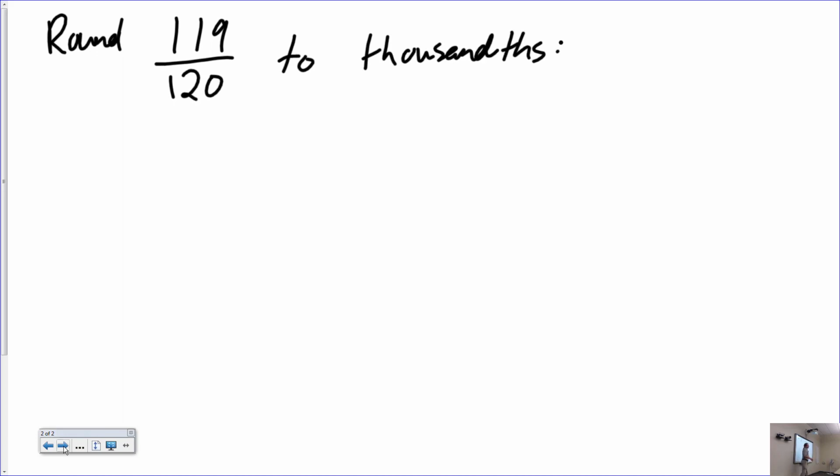So there will be times when you actually have to create a decimal, and then you are asked, instead of actually giving me the decimal with all the repeating digits, you're just asked to round the number to the thousands.